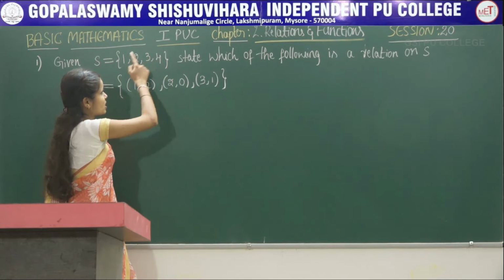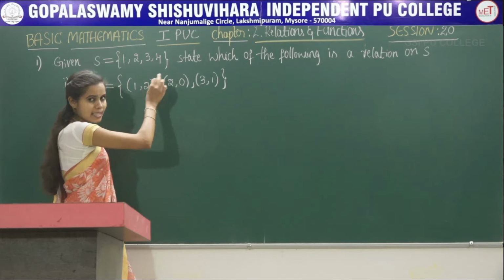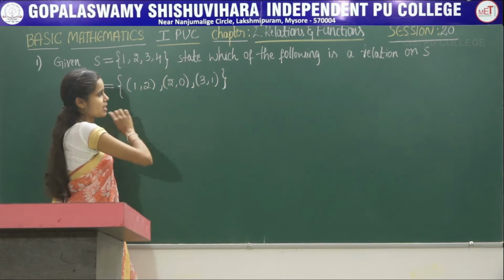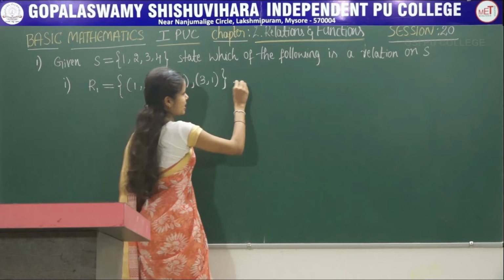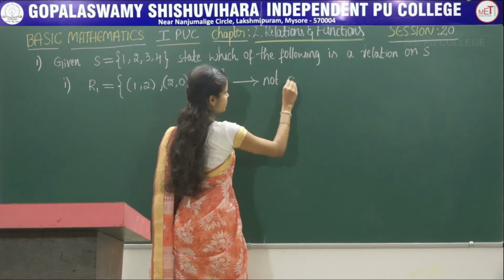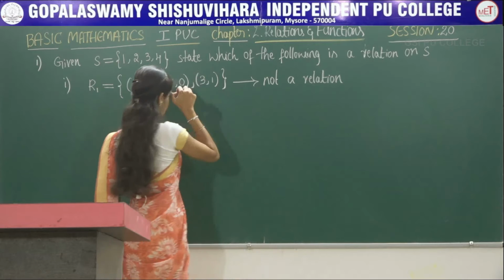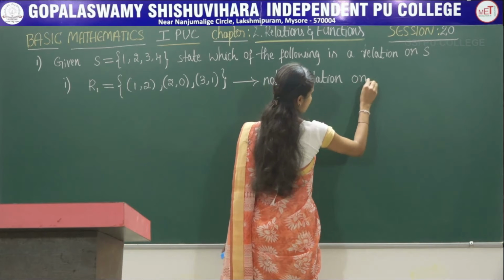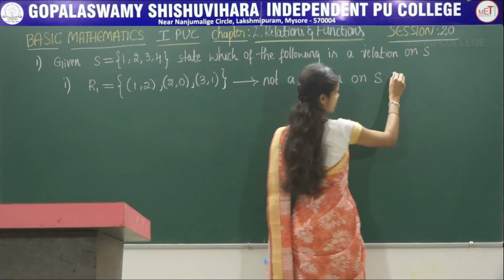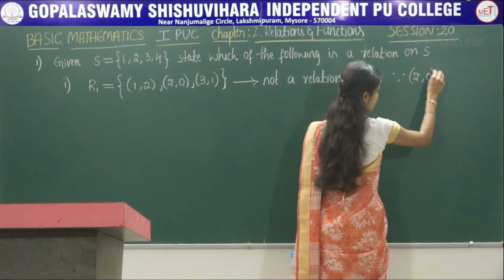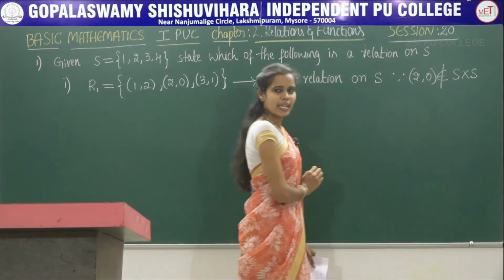Here 0 is not an element of S. Therefore, (2, 0) does not exist in S cross S, so it does not belong to S cross S. Therefore R1 is not a subset of S cross S, and therefore it is not a relation on S. Reason: the ordered pair (2, 0) does not belong to S cross S.